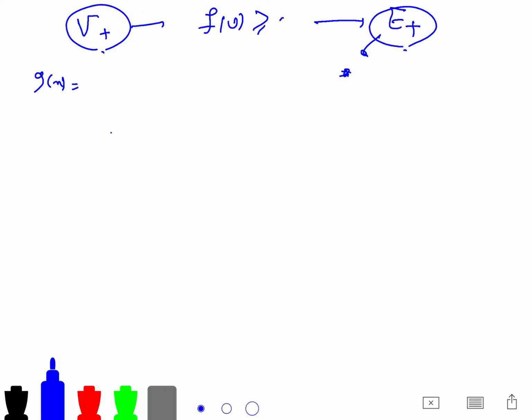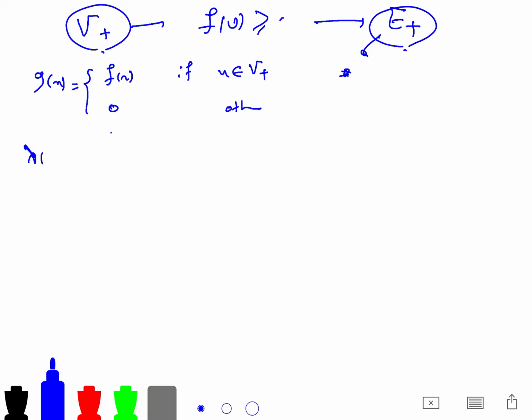So we define this interesting function g: if u is in V plus, it is f of u; otherwise, it is 0. Just plug that into lambda 1 to make a lower bound.